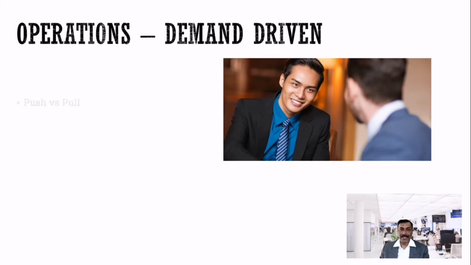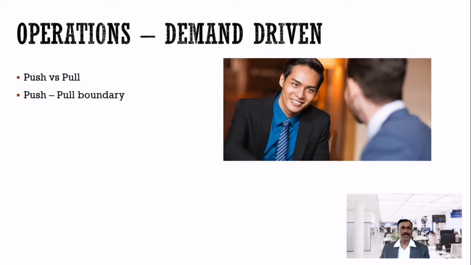Ideally what is required is market driven production strategies, like either make to order or assemble to order. Those are called pull methodology, whereas make to stock is called push methodology. You are doing production as per the forecast and then pushing it to the market. But in pull technology, only after you receive the order do you start your manufacturing work, which means that you should have a shorter lead time.